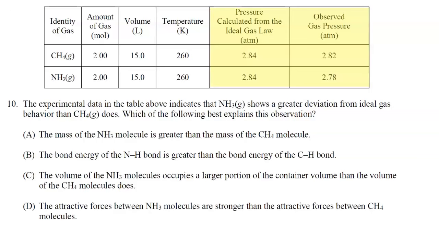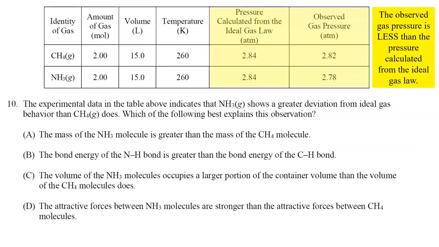But the observed gas pressure for CH4 is 2.82, which is slightly less than 2.84, and the observed gas pressure for NH3 is 2.78, which is also slightly less than 2.84. So the observed gas pressure is less than the pressure calculated from the ideal gas law.